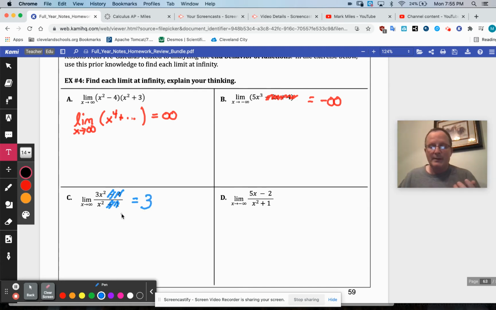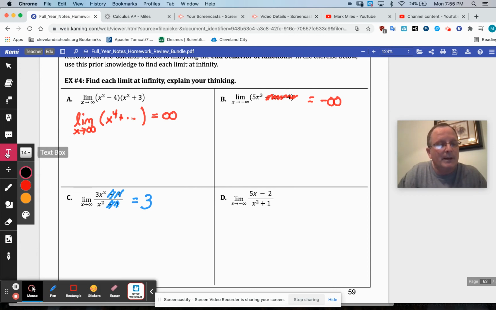There is a note about this, and I'll write it. If the degree of the numerator and denominator are equal to each other, then you divide. So just divide those leading coefficients. So I can write that, no problem, and I will right here.